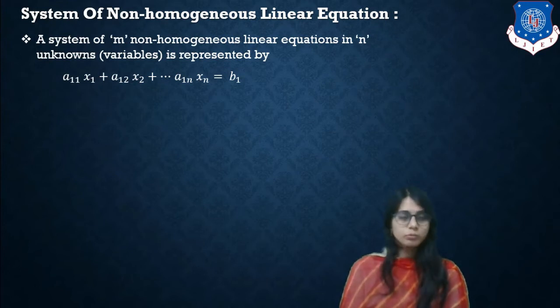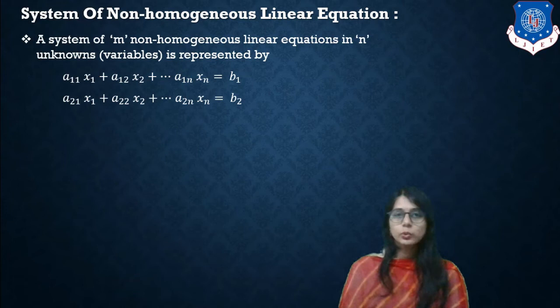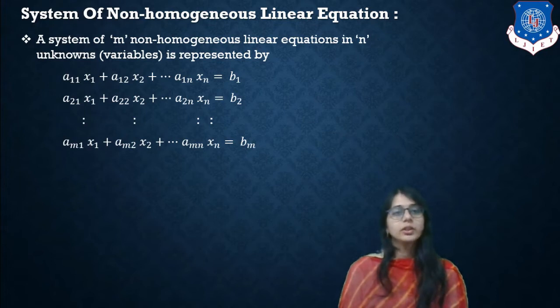a21 x1 + a22 x2 + ... + a2n xn = b2, and so on, am1 x1 + am2 x2 + ... + amn xn = bm.